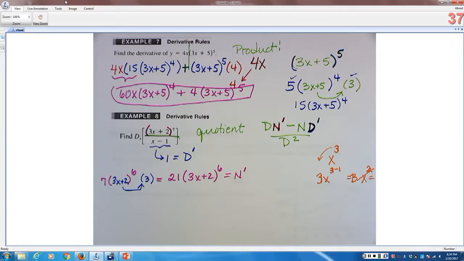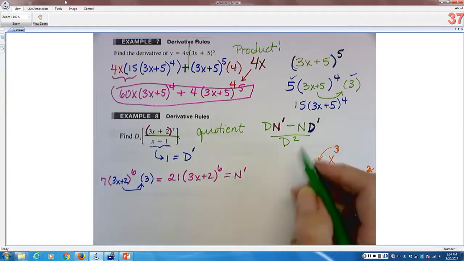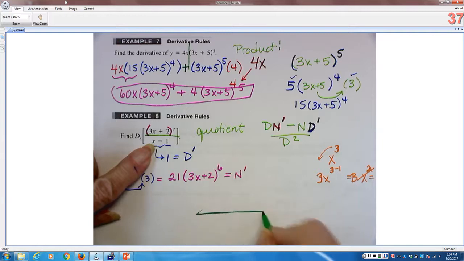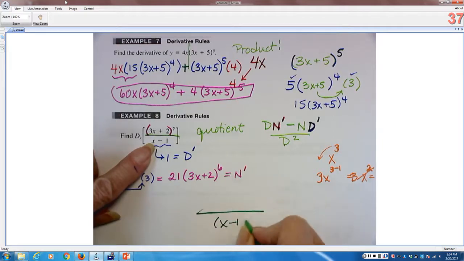So when all's said and done, I'm going to take the denominator, which is x minus 1, and I'm going to square it.